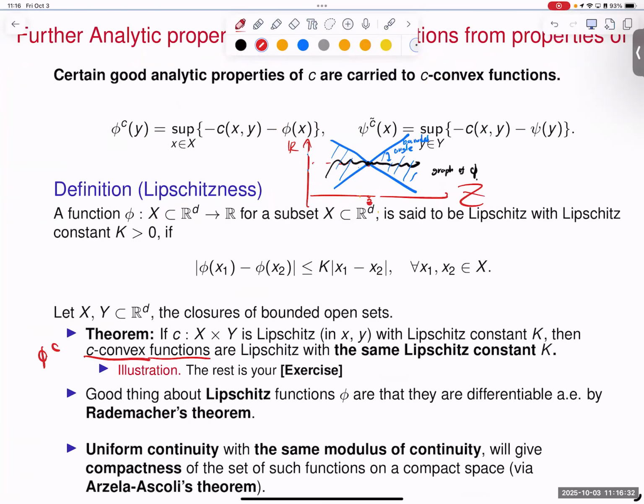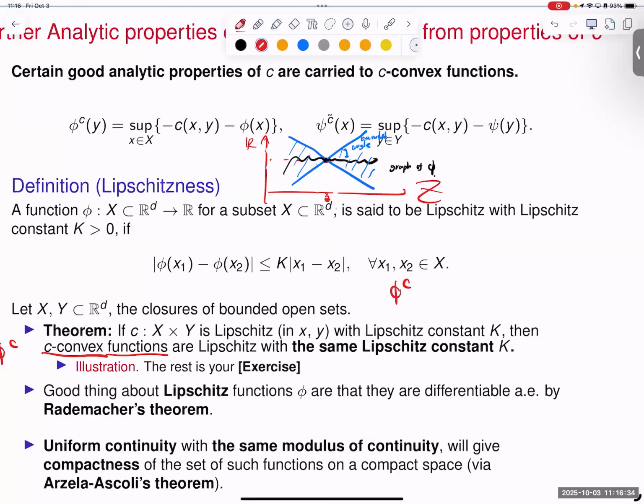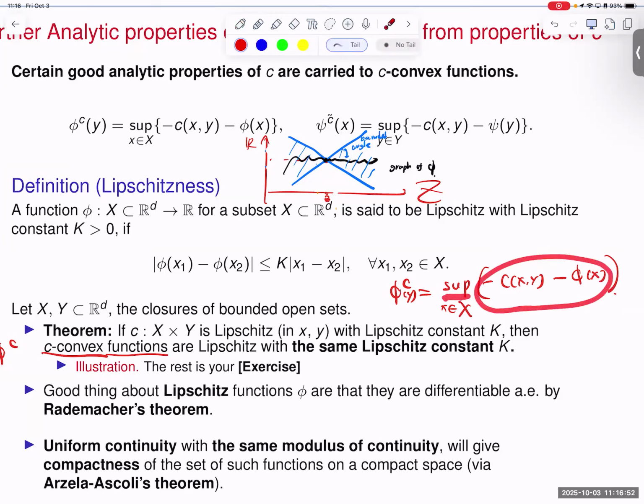So it is like the supremum over all x of minus c(x,y) minus phi(x). So this is a Legendre transform, and it takes the supremum of a family of these functions.